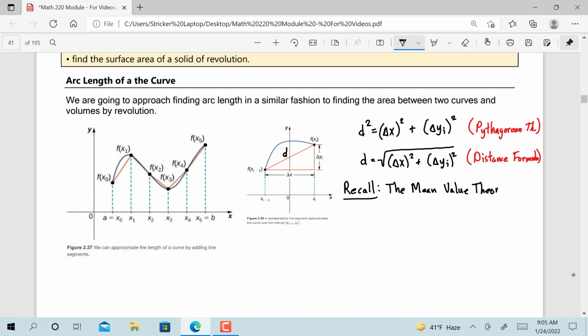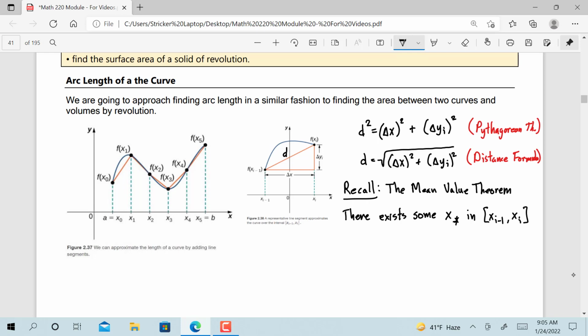The mean value theorem says the following: there has to exist some point, let's call it x star, in our subinterval. Remember, our subinterval goes from x sub i minus 1 to x sub i.